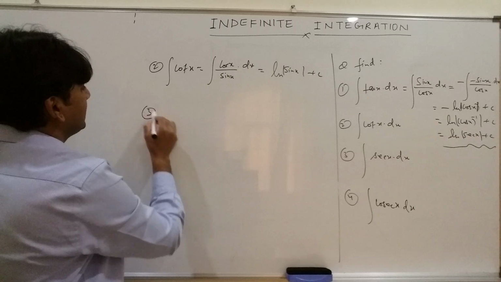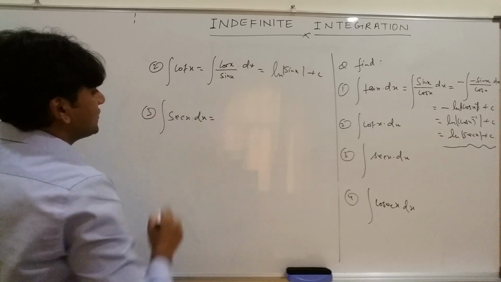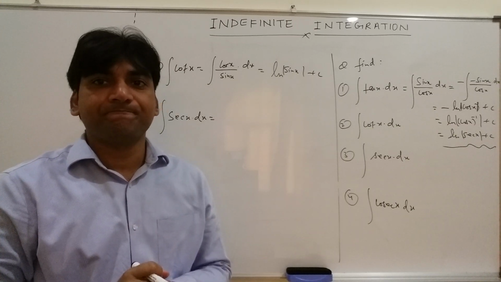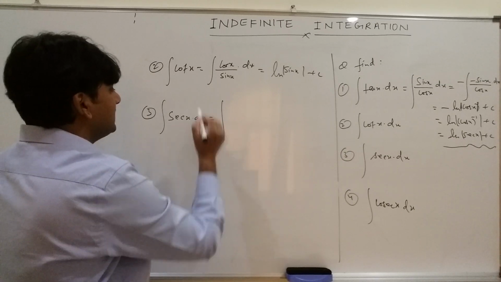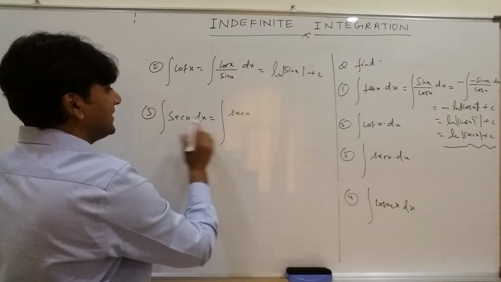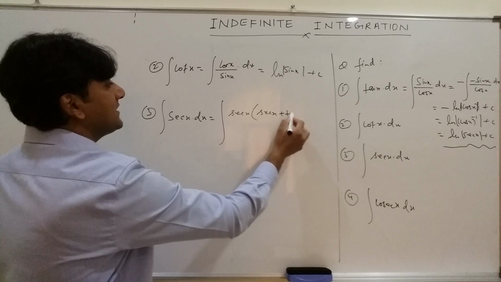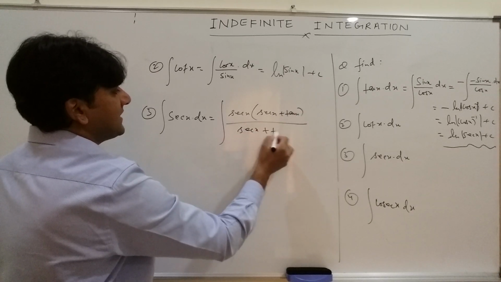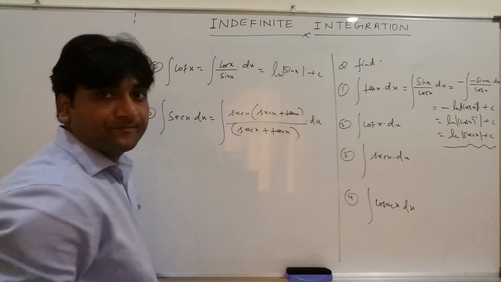Now the third one, which is sec x. Here there is a challenge how to solve it. Let's do it. What I will do, I will write the sec x integration as sec x times sec x plus tan x over sec x plus tan x, and this is dx, right?